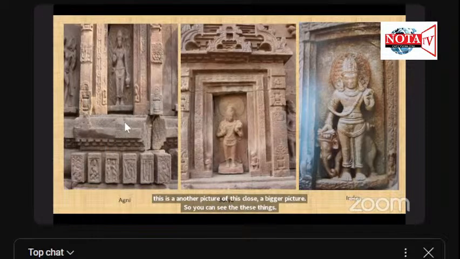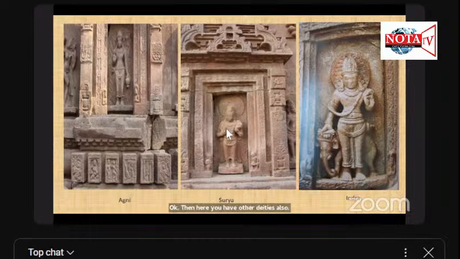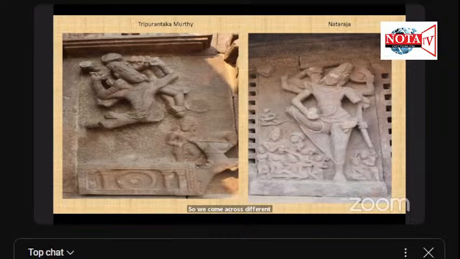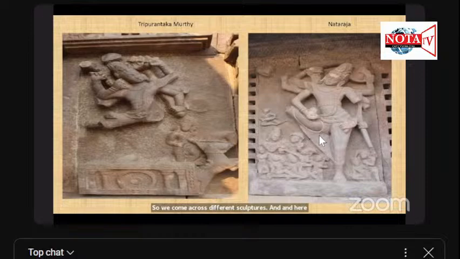Then here you have other deities also. In the Koshtas, in the Koshta Panjaras, we find Agni, Surya, Indra, like this different deities sculpted. So we come across different sculptures, and here also a Tripurantaka Murti sculpture, and Nataraja has also been sculpted in this one.